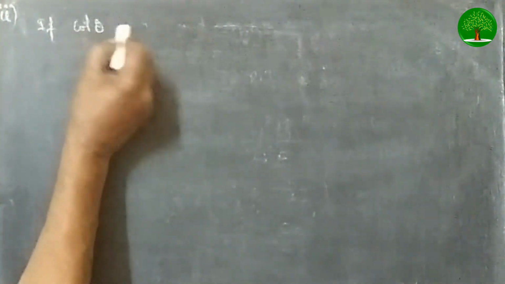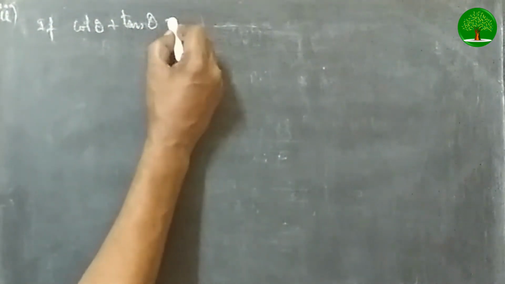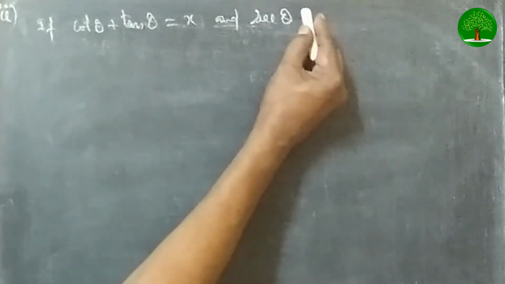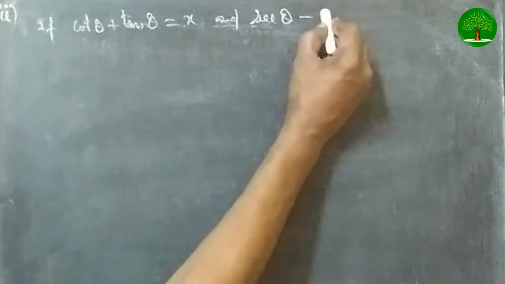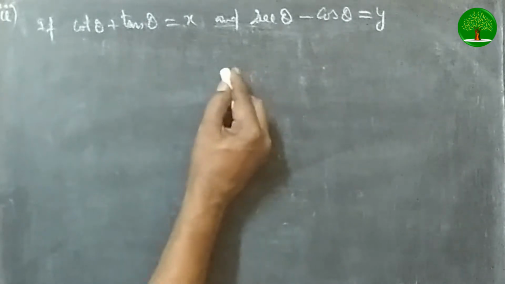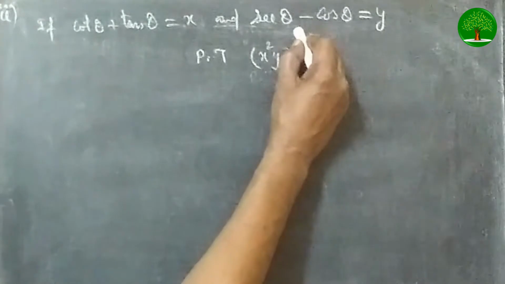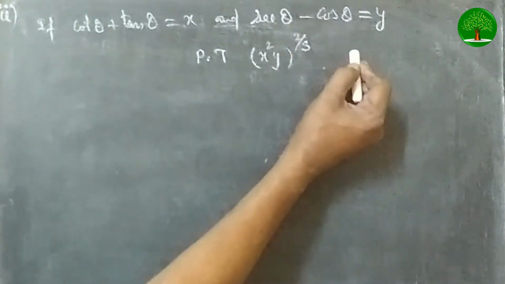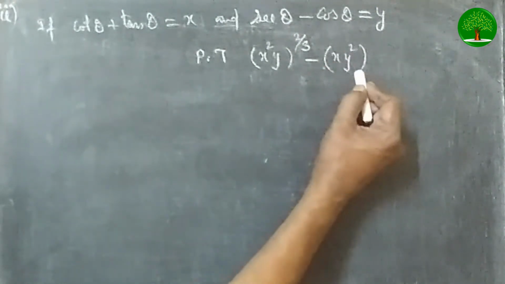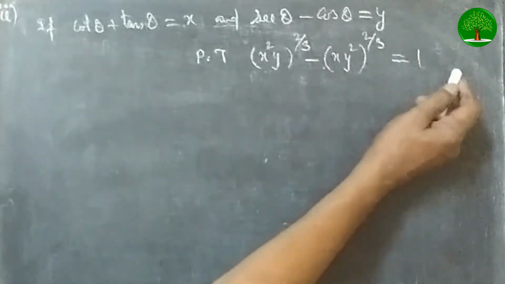If cot theta plus tan theta is equal to x and secant theta minus cos theta is equal to y, prove that x square y to the power of 2 by 3 minus x y square to the power of 2 by 3 is equal to 1.